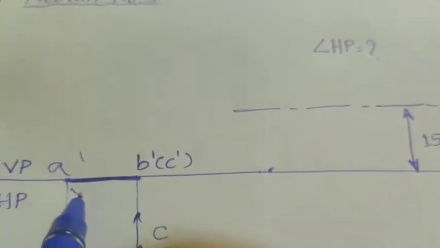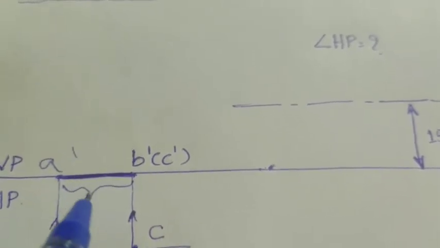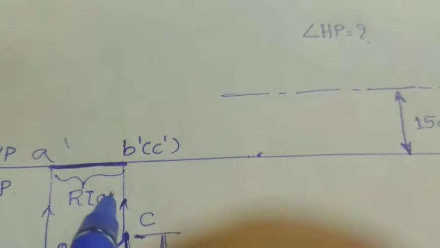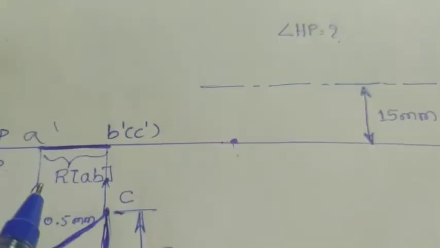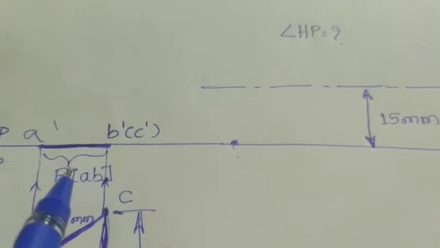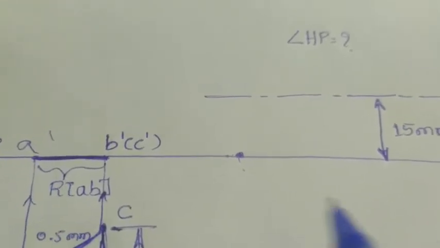dimension of A dash to B dash and take this as radius of arc, which is RAB. Now we are going to measure this RAB, which is nothing but radius of arc, which we are going to create.